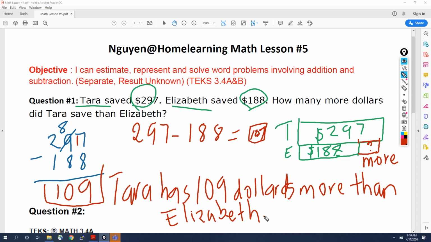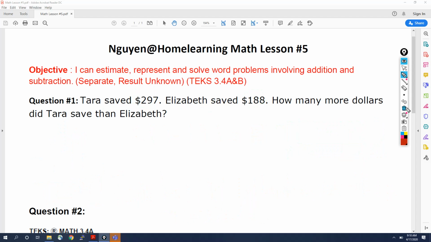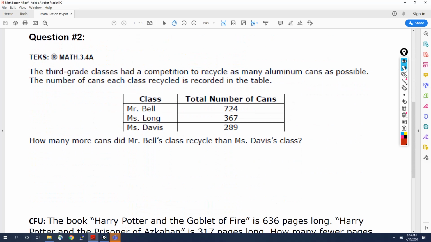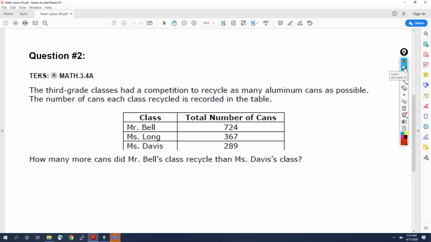Okay, so let's try a different problem here. Question number 2. The third grade classes have a competition to recycle as many aluminum cans as possible.